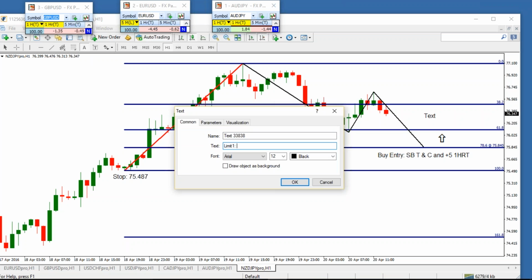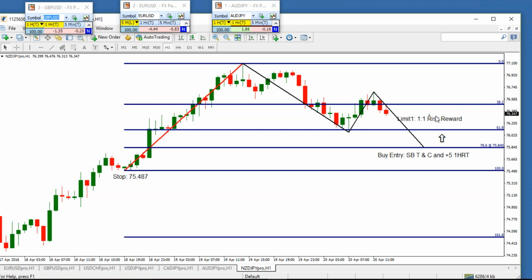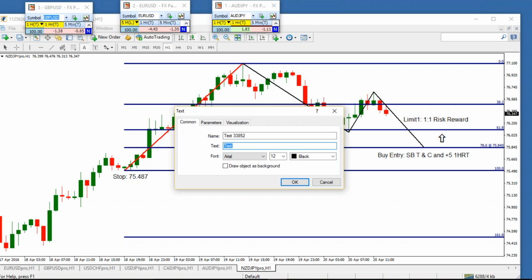And limit 1:1 risk reward. Limit 2, 1 to 1.5 risk reward. Wouldn't be a bad little play there.